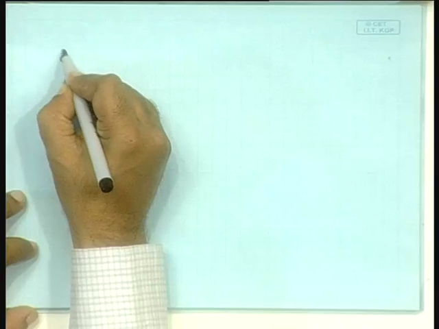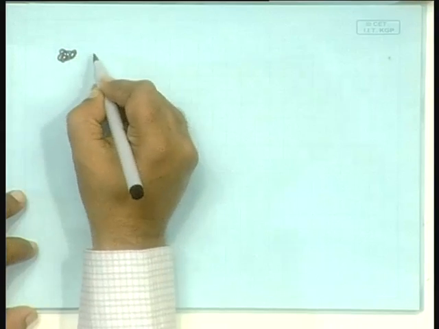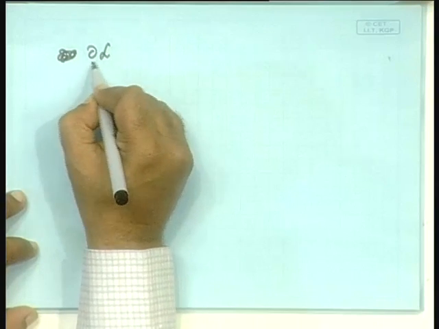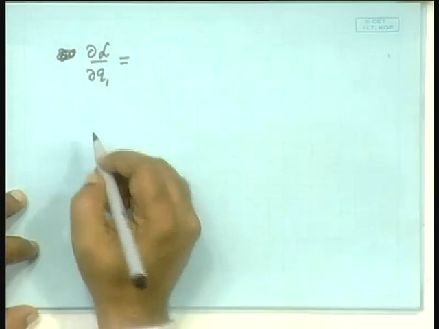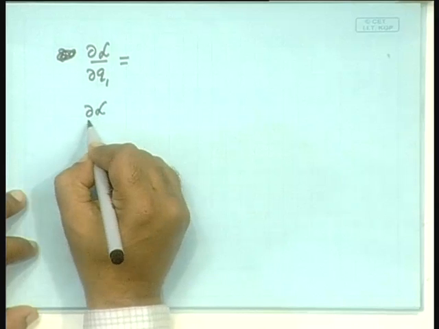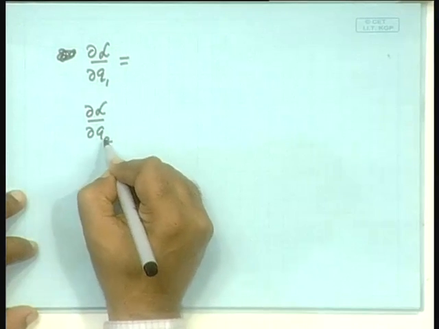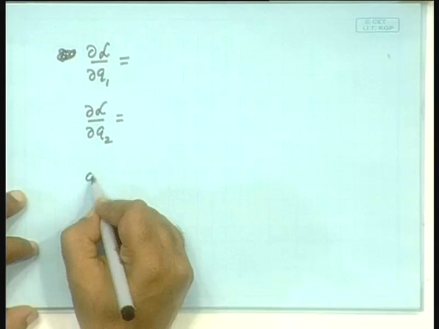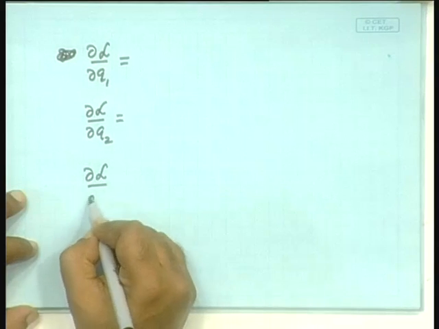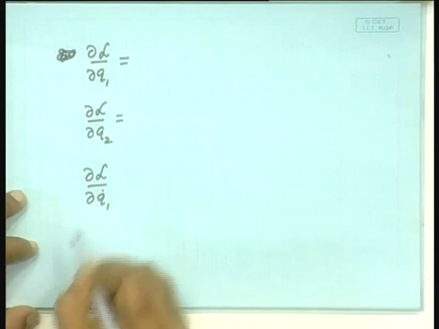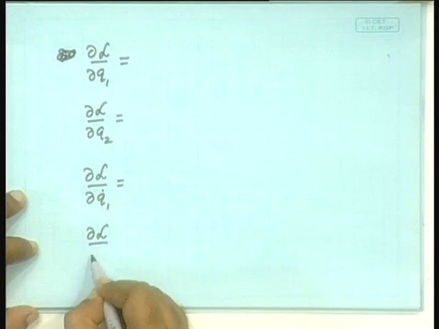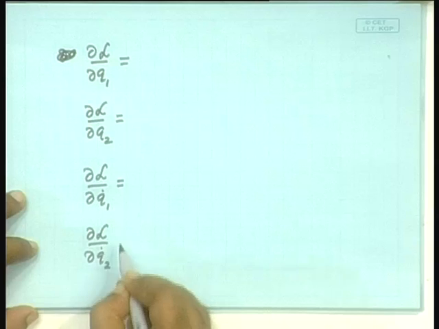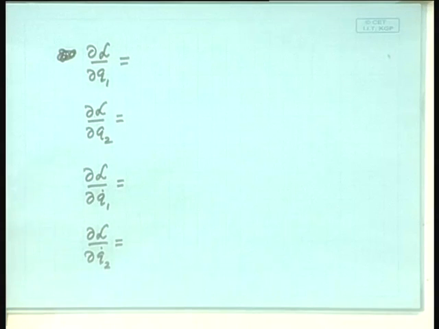Now take the derivatives. We will have to write the Lagrangian derivative with respect to q1, with respect to q2, and with respect to q1 dot and q2 dot.